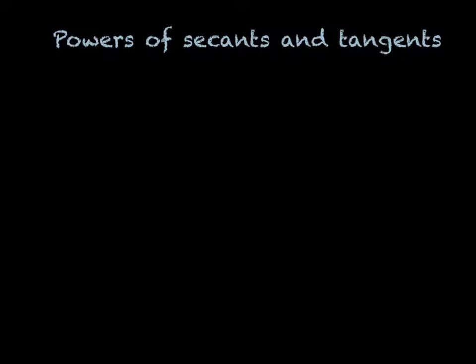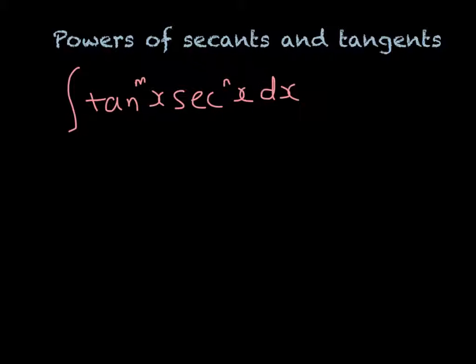When we're integrating powers of secants and tangents, we have something really similar. Again, we have the integral of tangent to the mx times secant to the power of nx dx. And again, we have different cases of what can happen.